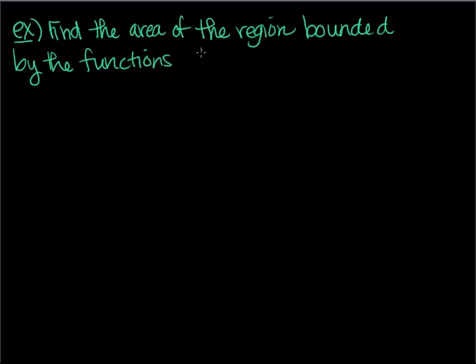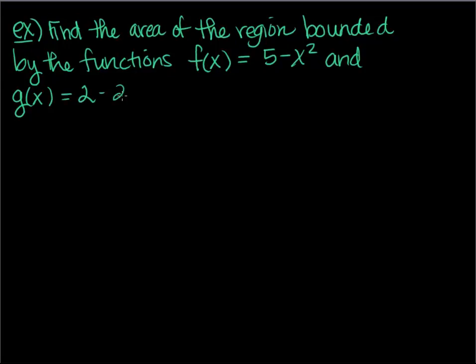The functions f of x equals 5 minus x squared. And, I mean, it might not look like it, but let me show you why. We're not going to have two separate integrals. g of x equals 2 minus 2x. Okay, so that's all the instructions say. Find the area of the region bounded by the functions f of x equals 5 minus x squared and g of x equals 2 minus 2x.